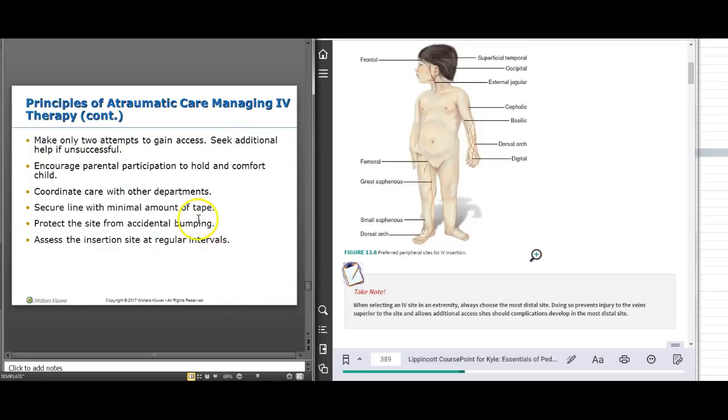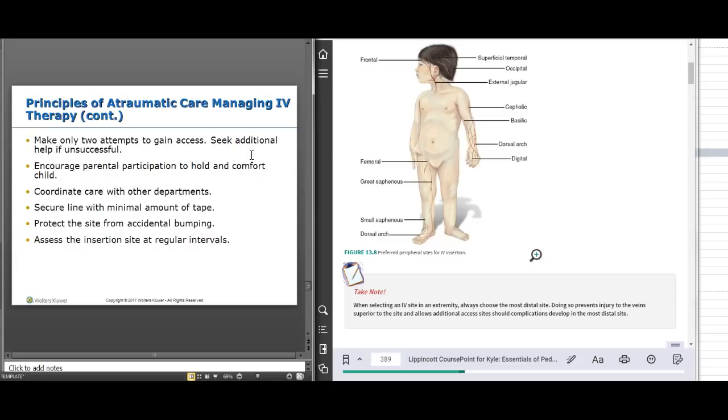All right. Most facilities have a 2-attempt rule. I personally have a 2-attempt rule. I'm only going to stick a child twice, and sometimes only once. If I stick once and am not successful, then I usually will seek out someone else to help us.